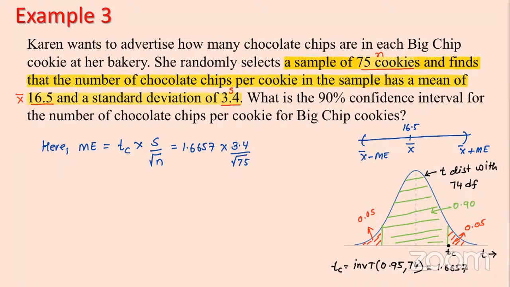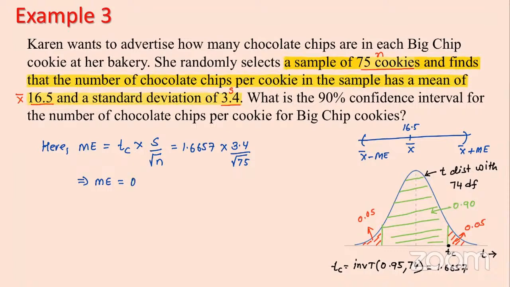And simplify that and tell me what you'll get for margin of error. 1.6657 times 3.4 over the square root of 75. How much did you get?